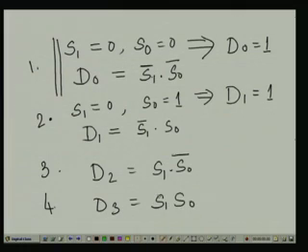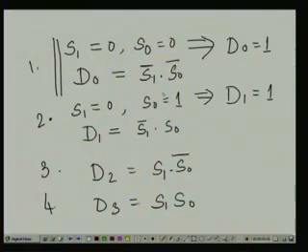Now, when any one of the outputs D0, D1, D2, D3 is active high, the remaining 3 must be active low, meaning logic 0.